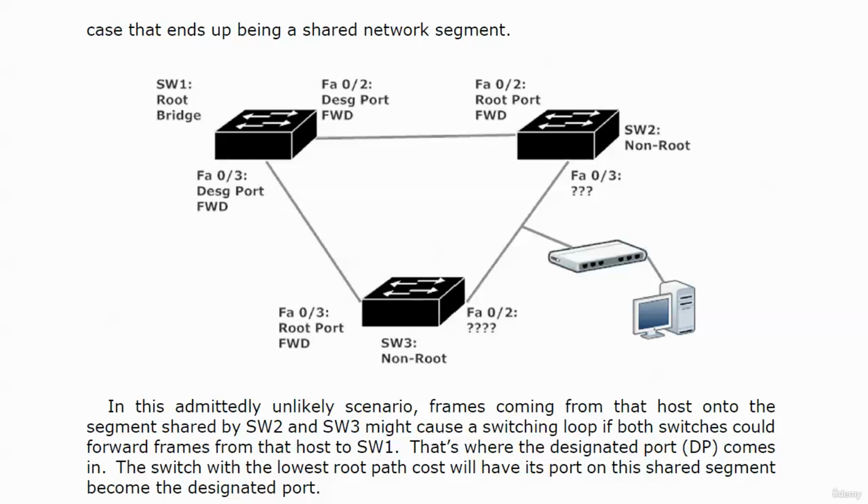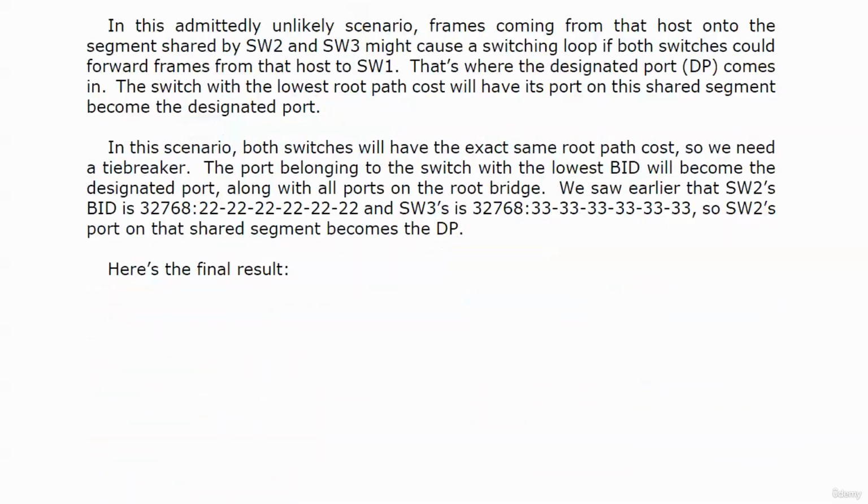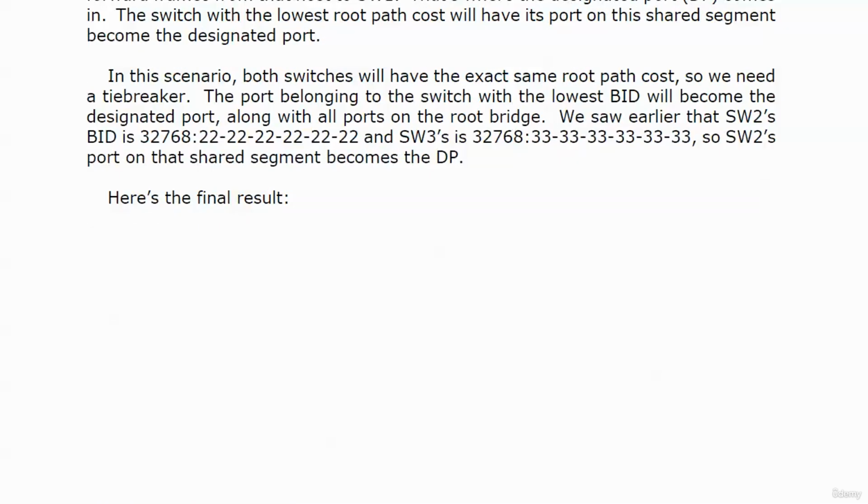That's where the designated port comes in, because it's the switch with the lowest root path cost that would have its port on this shared segment become the designated port. So we need either Fast Ethernet 2 on switch 3 or Fast Ethernet 3 on switch 2 to become the DP. Now in this scenario, both switches are going to have the exact same root path cost, so we need a tiebreaker.